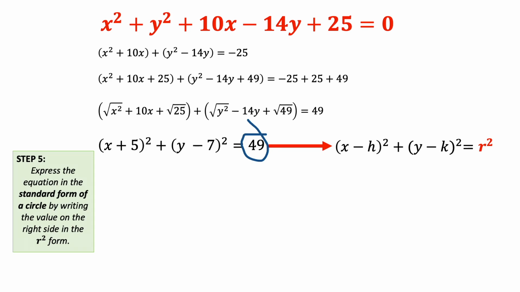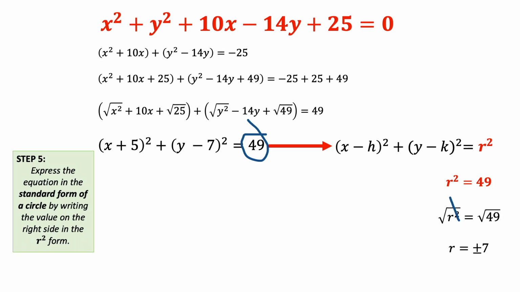In here, r squared is 49. To determine the r, we will just get the square root of both sides of the equation. Therefore, square root of r squared is r, while the square root of 49 is positive and negative 7.